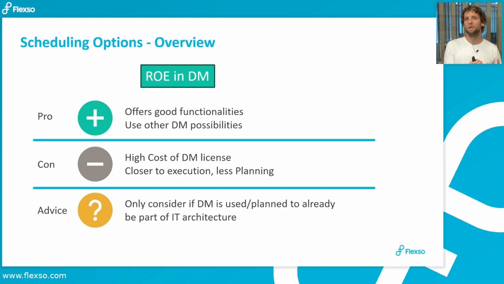Another con is that it's a bit closer to execution and less planning, but that doesn't necessarily have to be a disadvantage if you already take care of your planning in alternative ways. So, in conclusion, only really consider this as an option if digital manufacturing is already being used or planned to be used in your IT architecture.